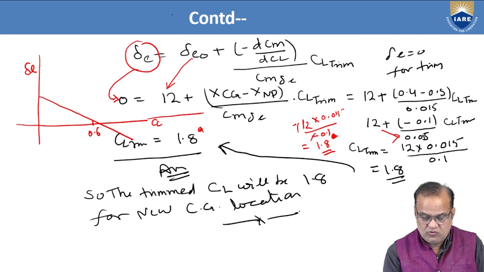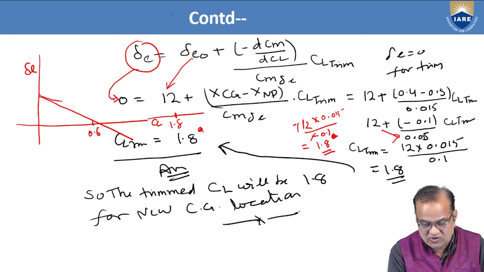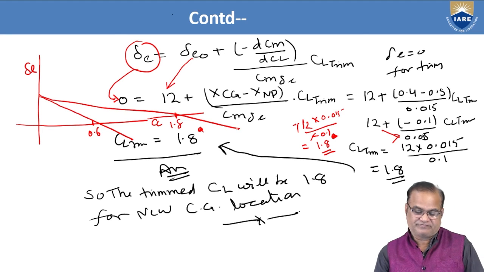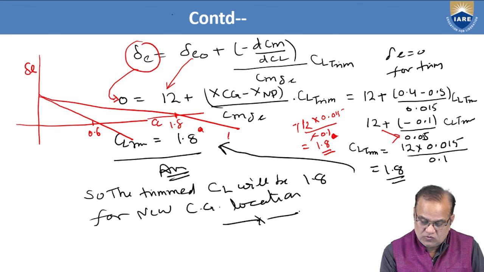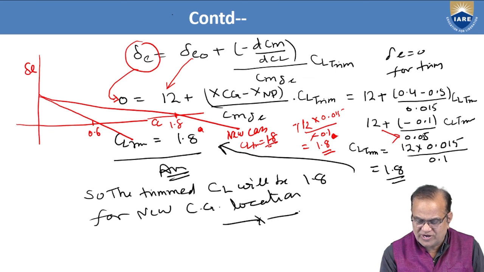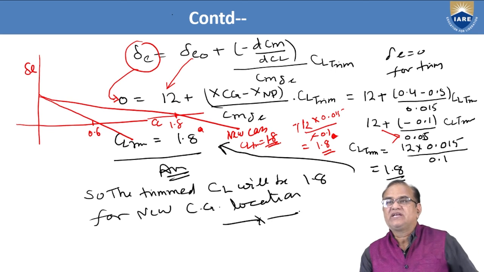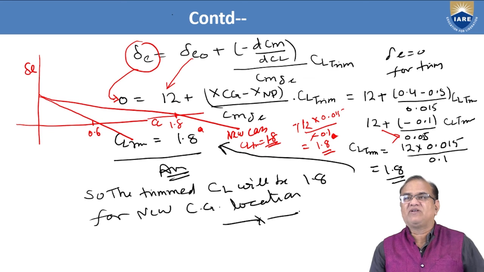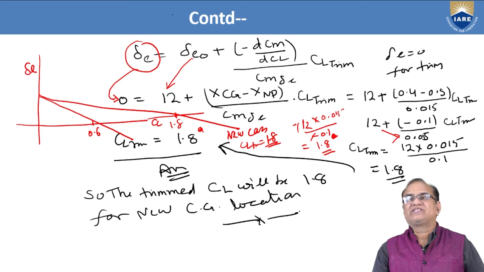So now it is 1.8. So this plot will go like this. So this is the new case where CL trim is equal to 1.8. So the trim CL will be 1.8 for the new CG location.